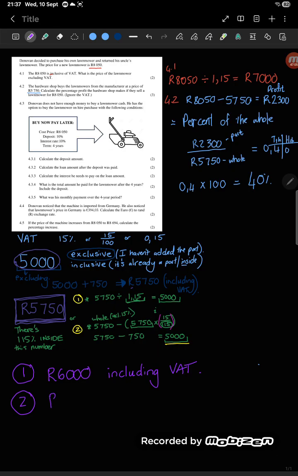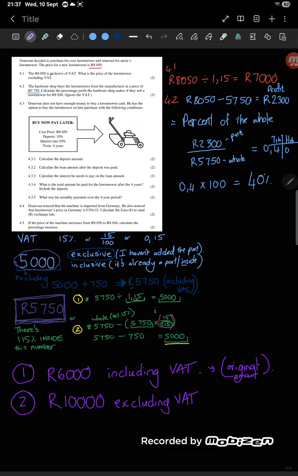Then number 2, I have something that I sold for 10,000 Rand, and you're obviously going to get some decimals rounded off to cents, and that's excluding VAT. And please tell me what the original amount was, in other words, the excluding VAT amount.